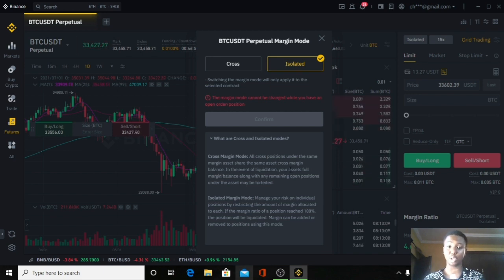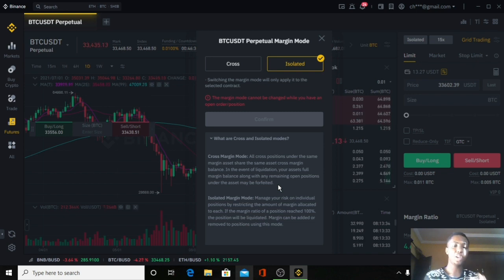In the event of liquidation, your asset's full margin balance along with the remaining open positions under the asset may be forfeited. So what does it mean? For cross margin mode, in any position you enter, your liquidation price is calculated with how much is in your futures balance.